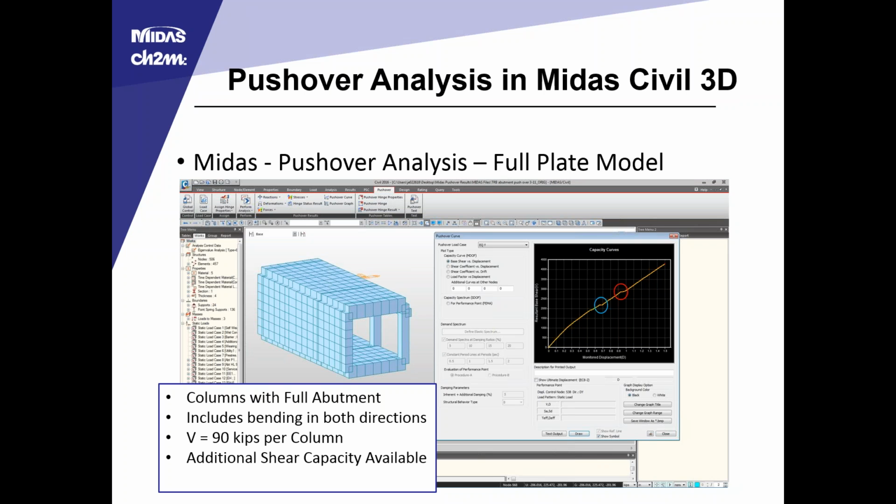Between the blue and the red, the columns were still able to increase their shear capacity. From the red and up, all that additional force is being transferred directly to the back wall and is not being transferred to the columns whatsoever. That happened at about step 33 out of 50.